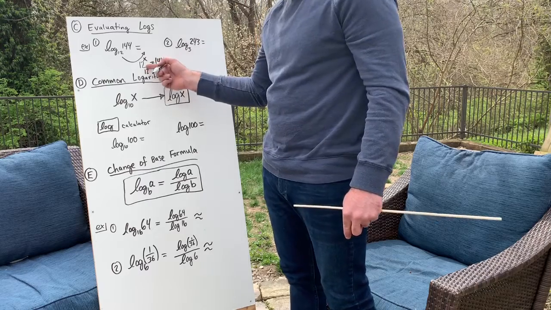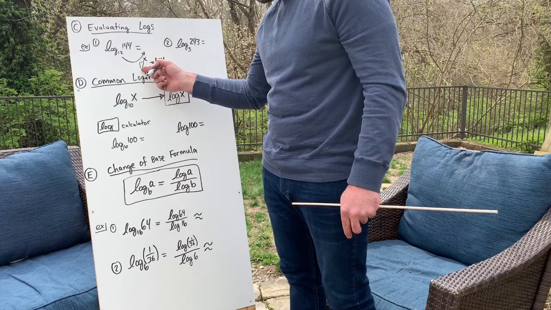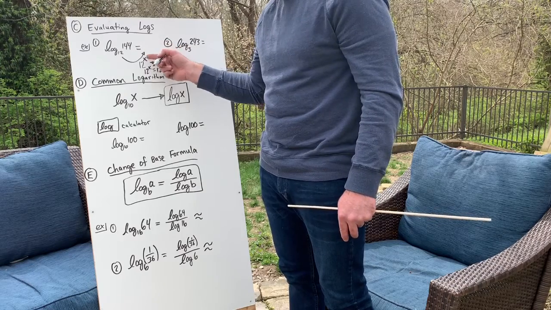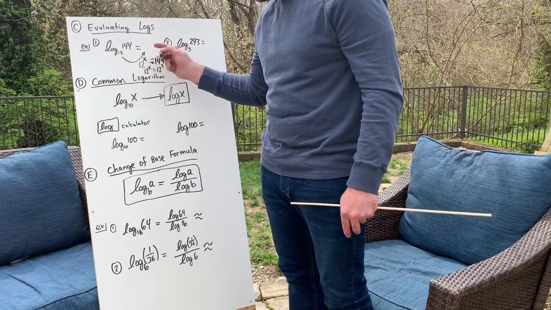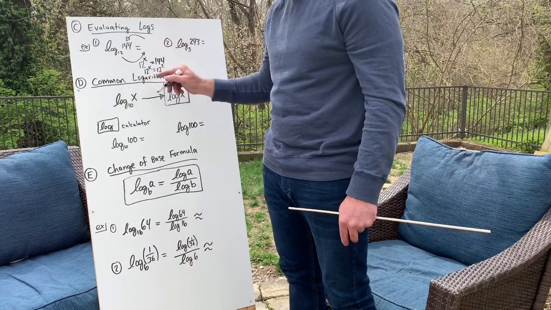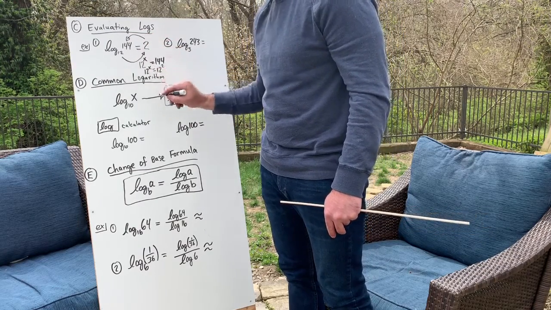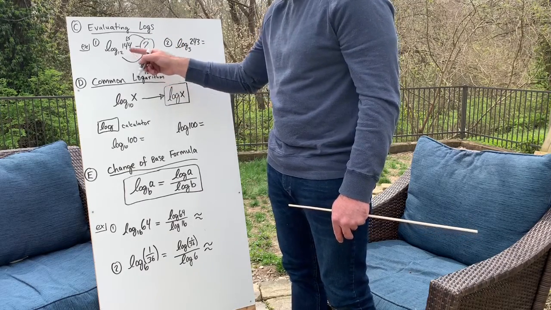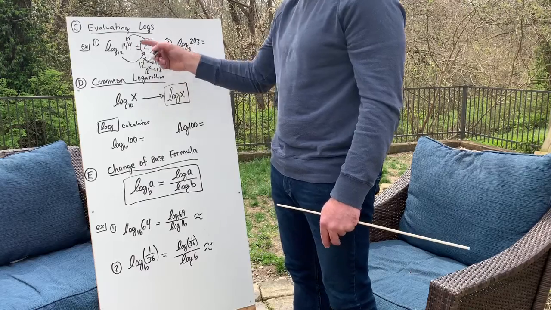And so you could just go to your calculator, and once you find that 12 squared equals 144, you found the value of this log, because 12 to that power equals 144, which means that this log equals 2. That's the answer. Why? Because that is what you raise 12 to get 144.